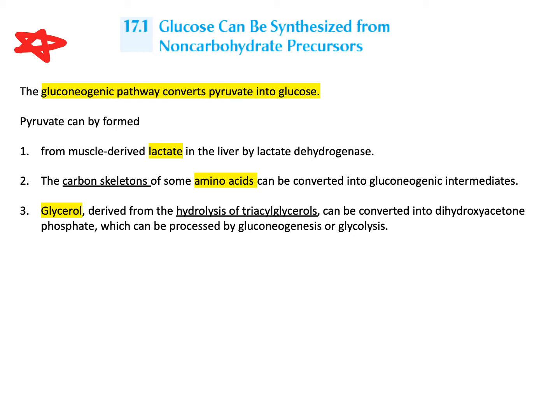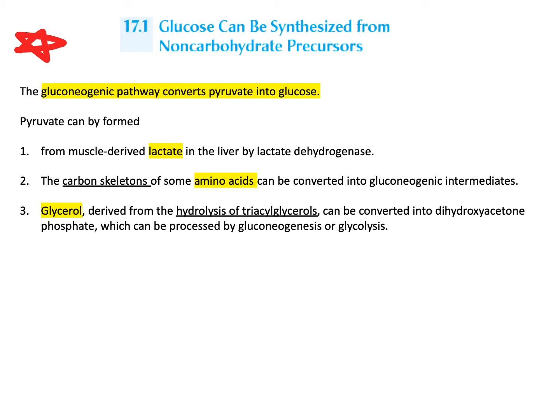In Chapter 15, we learned that during intense exercise, when there's not enough oxygen, pyruvate undergoes fermentation and forms lactate. That lactate causes your muscles to be sore when you do an intense workout, and that's from pyruvate.